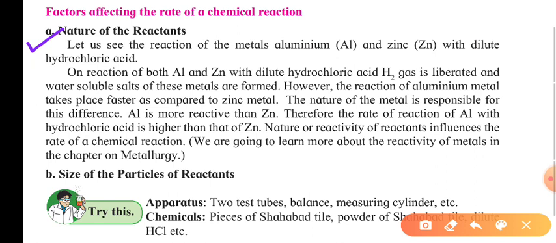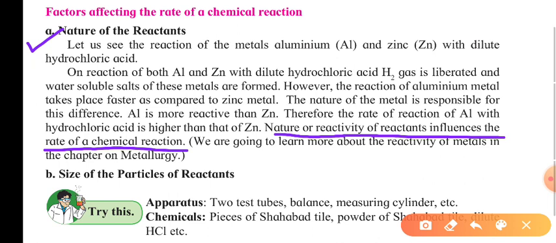The materials which we bring into contact for the reaction, the reactants, influence the rate of chemical reaction. You can see they have mentioned over here that the nature of reactivity of reactants influences the rate of chemical reactions.